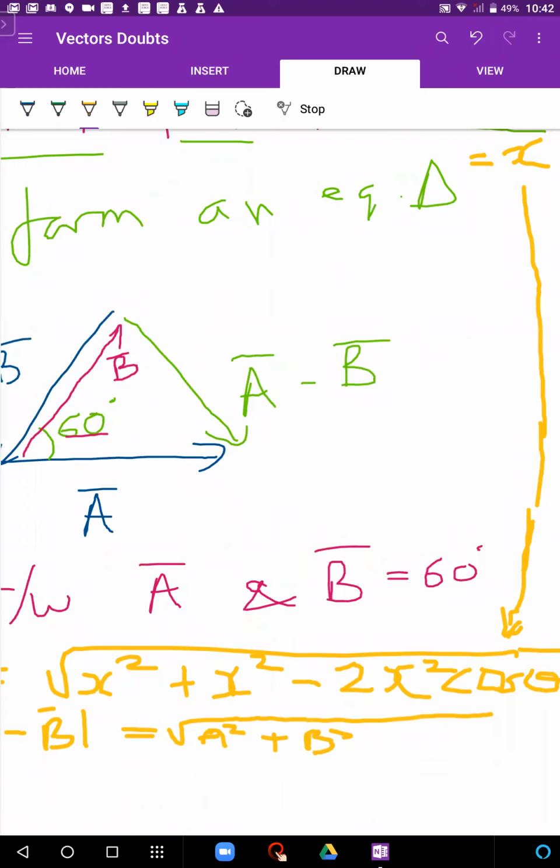This is a formula, right? For a difference, a minus sign comes in, that's the only difference.